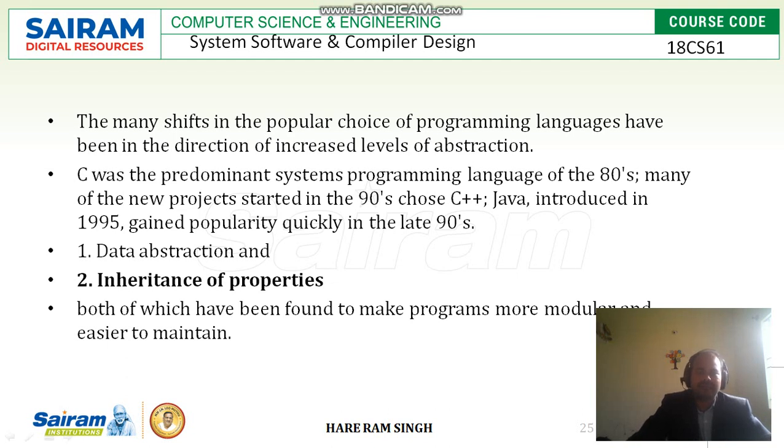Both of these have been found to make programs more modular and easier to maintain. So as time went on, more flexible, easier and more modular programming languages got developed, which were easier to maintain, and the corresponding compilers were also designed to handle these high level languages.